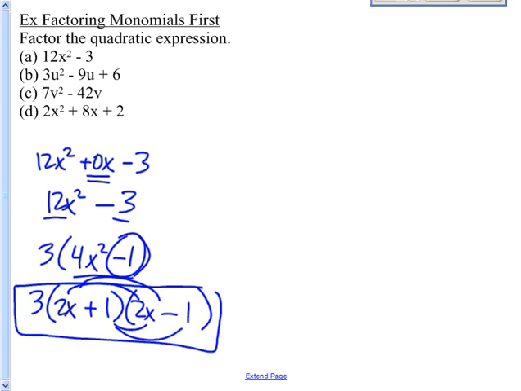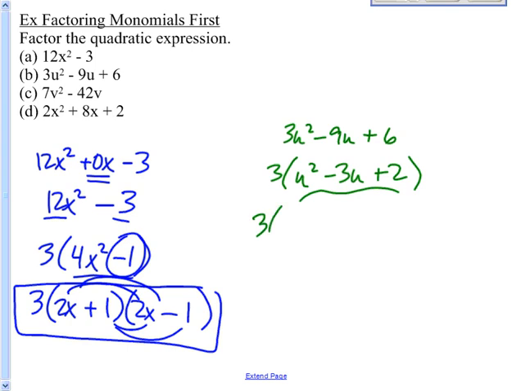Okay, let's do b there. 3u squared minus 9u plus 6. I look at each of those terms. Hey, I can take a 3 out of those. Now I'm just factoring this right here. So I know I got a u and a u. Factors of 2 are just 1 and 2. And then I look at the positives. You either got to be positive, positive, or negative, negative.